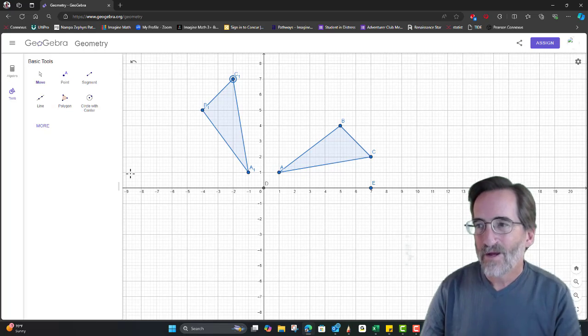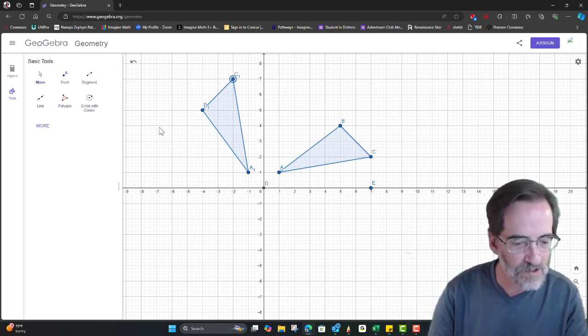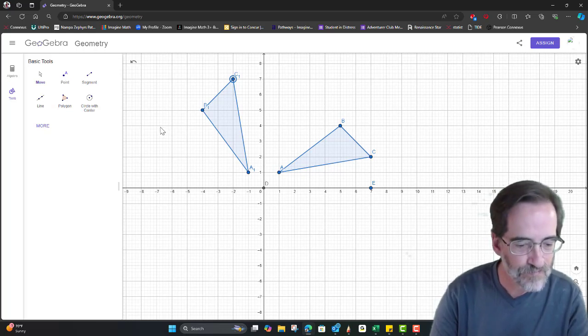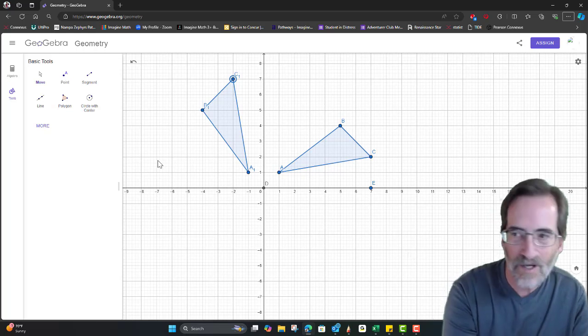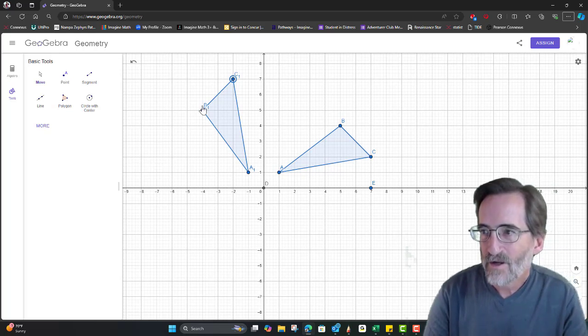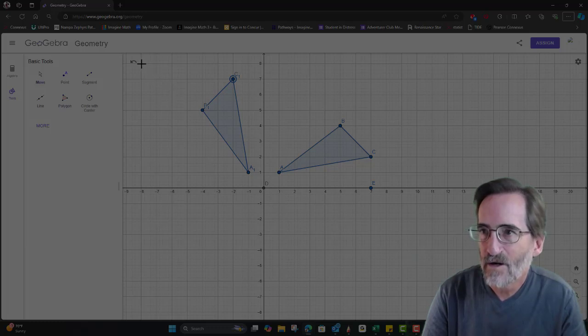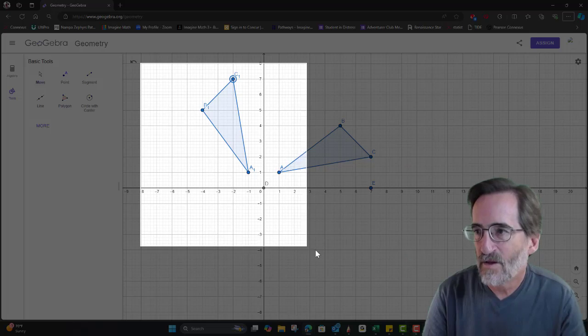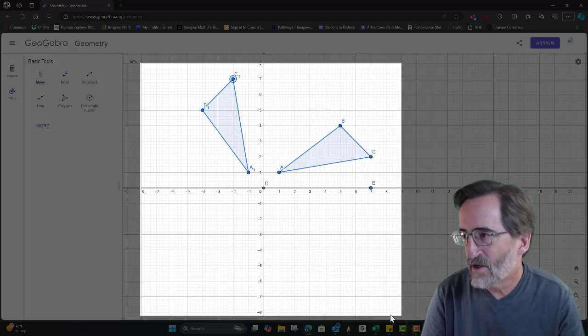Okay. And I'm going to do a little bit of a trick here. I'm going to do a screen capture. The screen capture is Windows Shift S. There we go. And I'm going to drag a rectangle here, from -8, 8 to +8, -8.